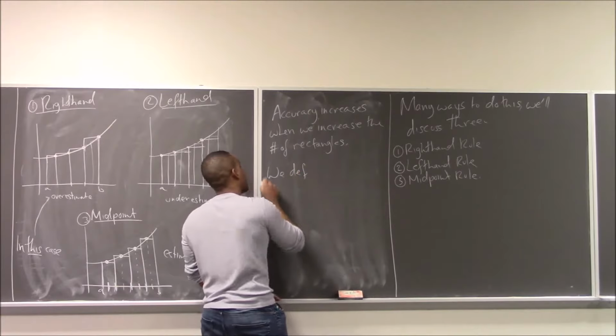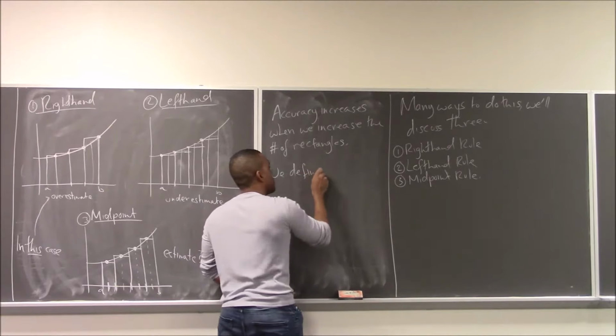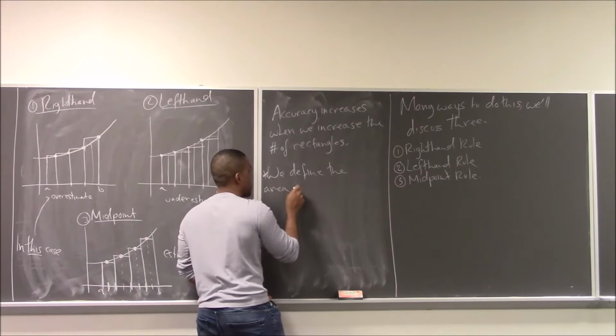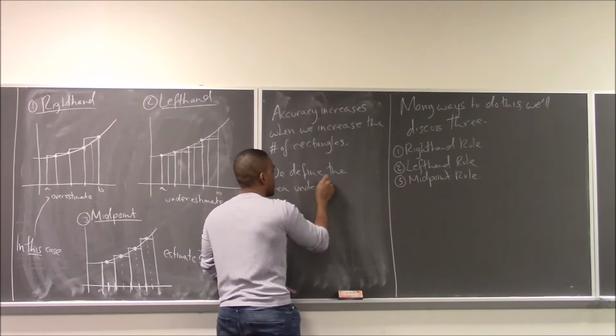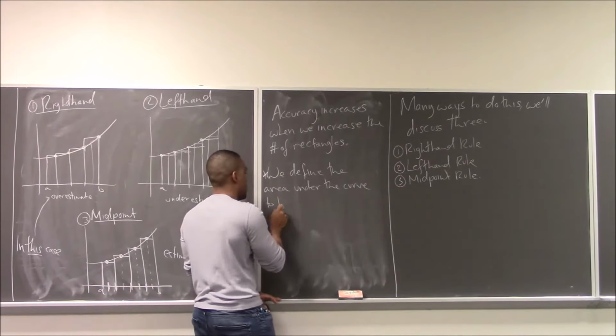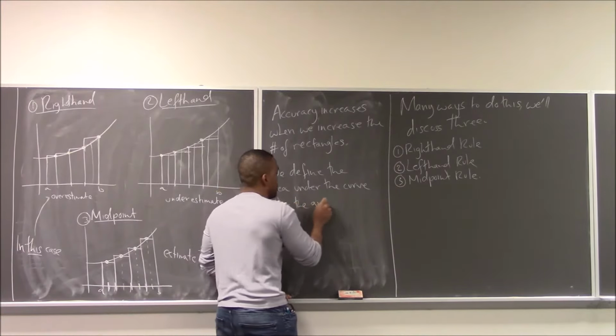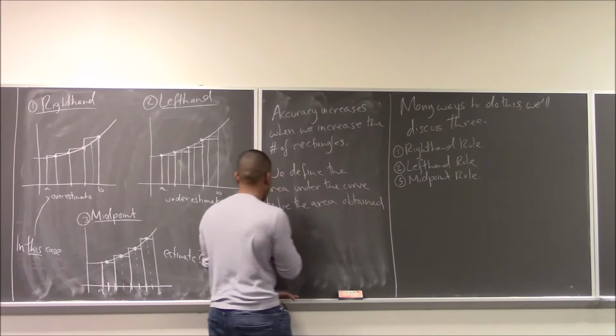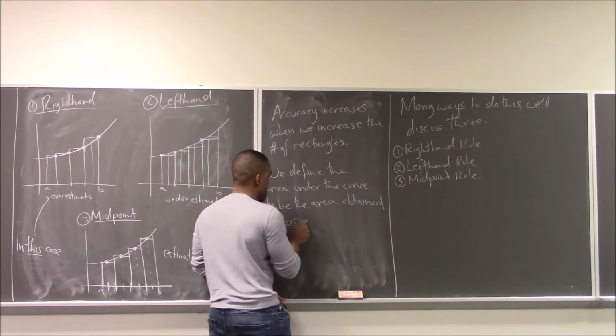So here's the kicker. We need to define the area under the curve to be the area obtained by using, how many rectangles do you think?